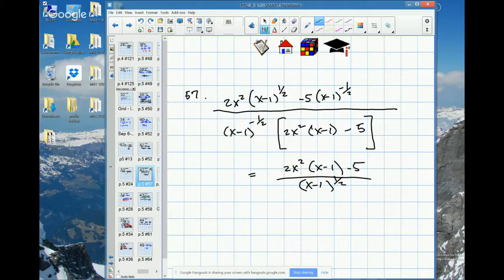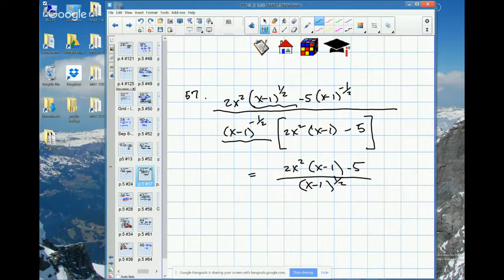So the book is saying take out the factor with the smaller of the two exponents. Well, negative 1/2 is the smallest exponent. So I remove that, x minus 1 to the negative 1/2 left. On the left first, well, the 2x squared hasn't changed. What do I have to take times x minus 1 to the negative 1/2 in order to get x minus 1 to the positive 1/2?